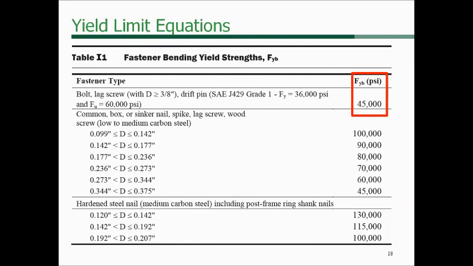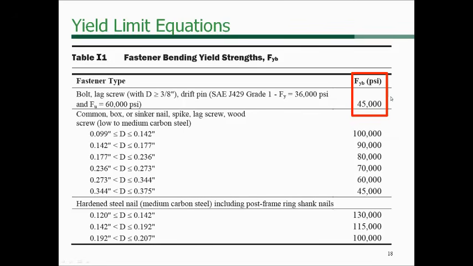I mentioned the bending yield strength, and this is purely a moment capacity of the fastener itself, of the dowel. And we've looked at different steel standards, and if you look at Appendix I of the NDS, you'll see this table, I1, which lists some fastener bending yield strengths for various types of fasteners that are shown here in this table.